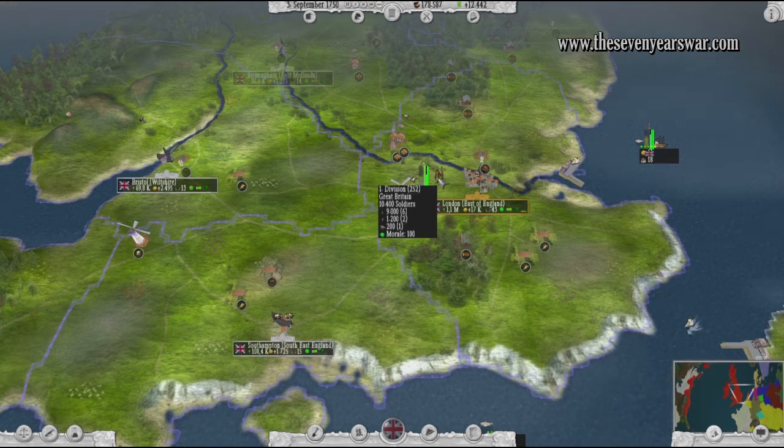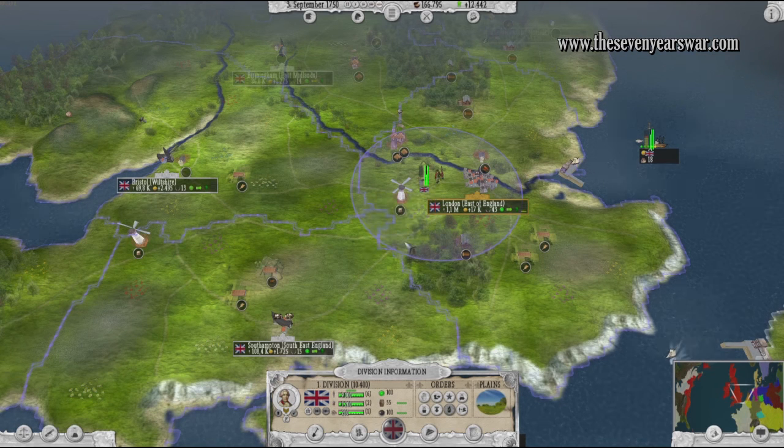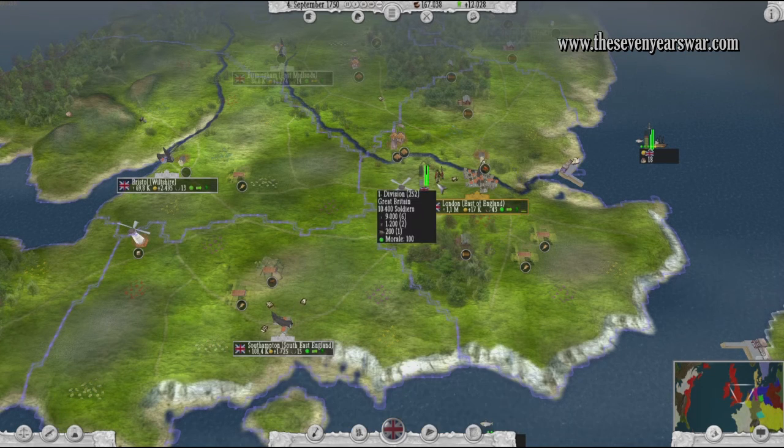Here we can see that our first division slowly runs out of supplies. You can take a look at the army overview or take a look at the bar in the middle.